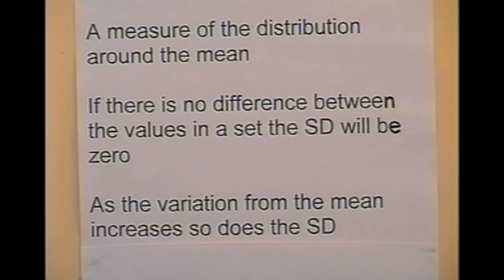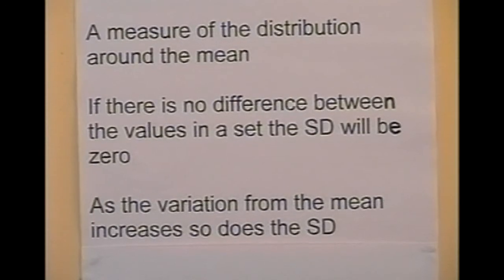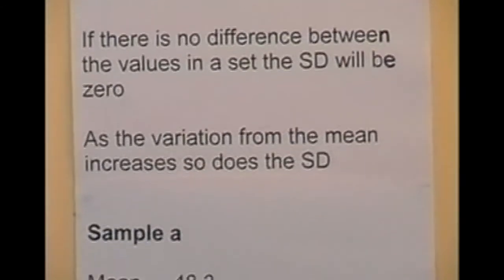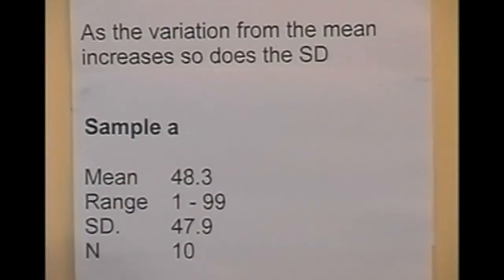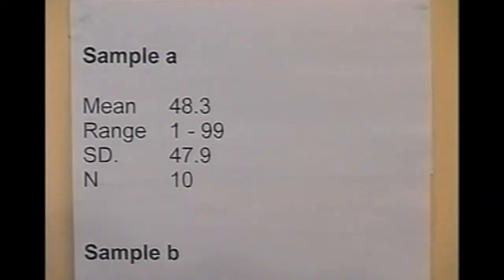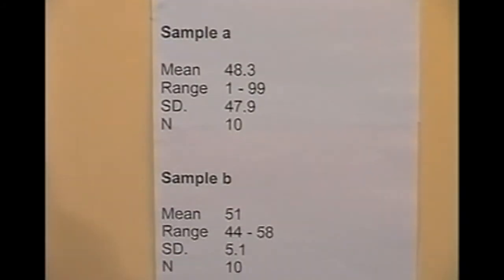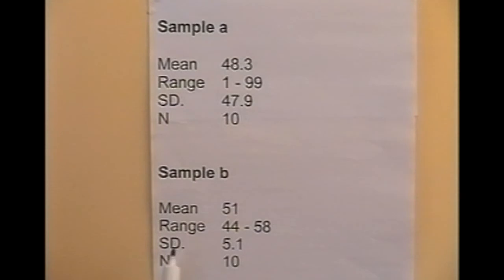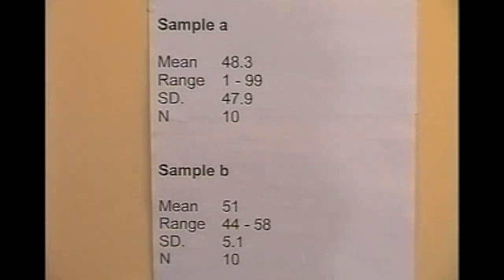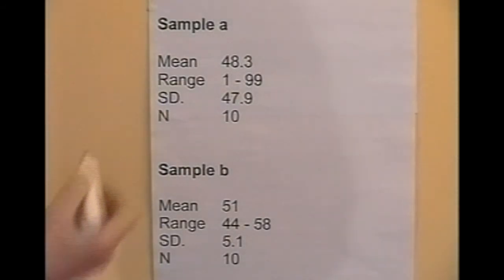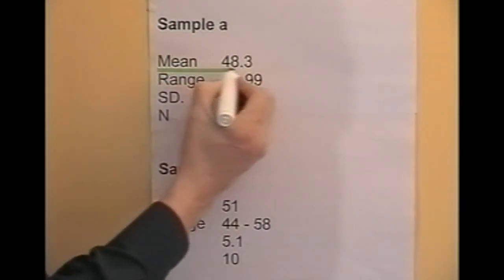So if we actually look at complete statistics now on sample A and sample B. Sample A, remember, had the range of 1 to 99, and sample B had the range of 44 to 58. Well, we looked at the mean, and we saw the means of these data were fairly similar.